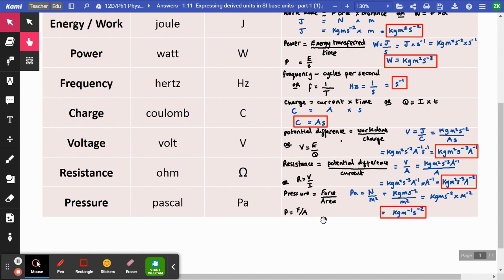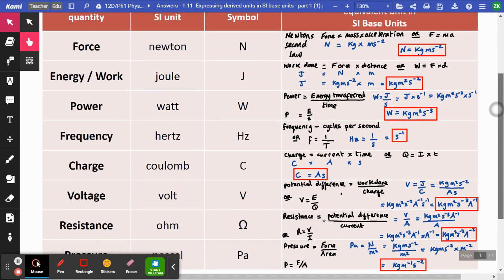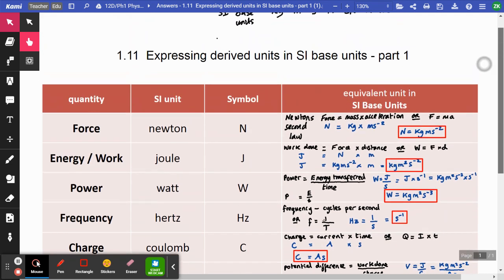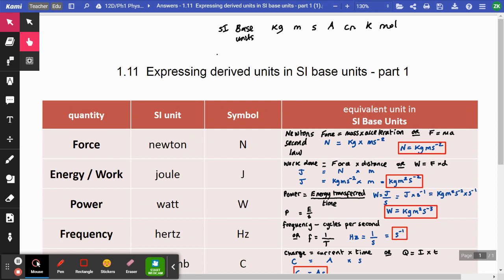And if you look at every answer, the base unit representation is in the form of these 7. So it will be a mixture of these 7 base units.